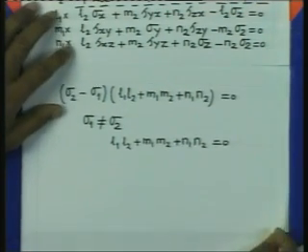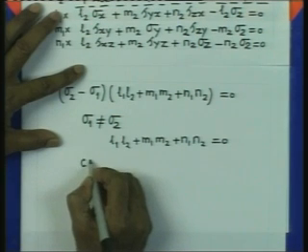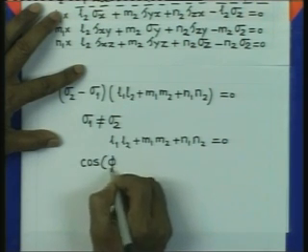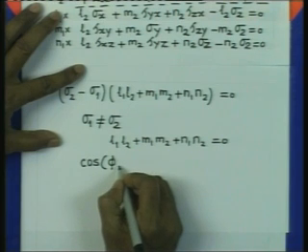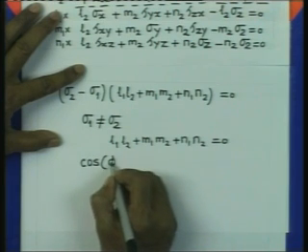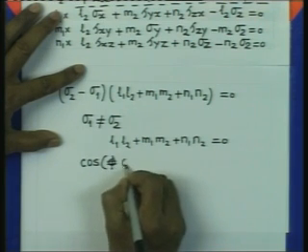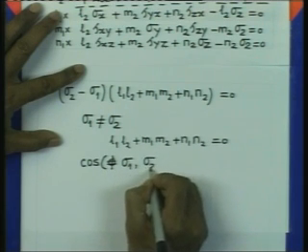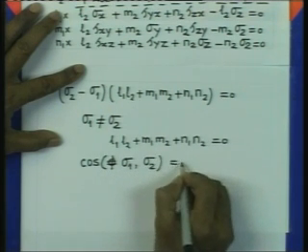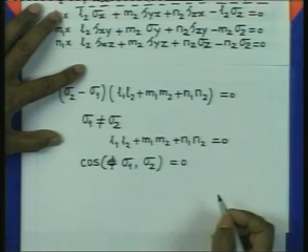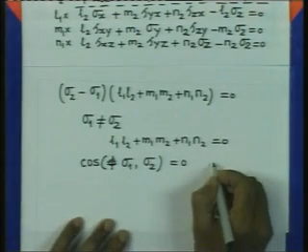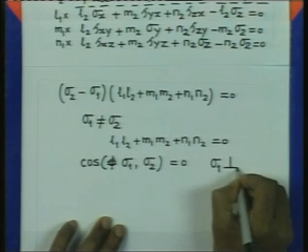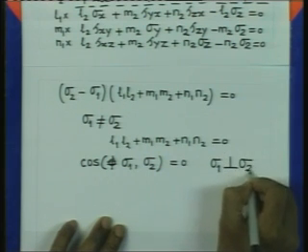This means that the cosine of the angle between the two directions, sigma 1 and sigma 2, is equal to 0. So, sigma 1 and sigma 2 directions are mutually orthogonal.